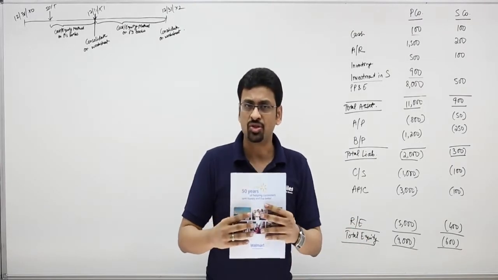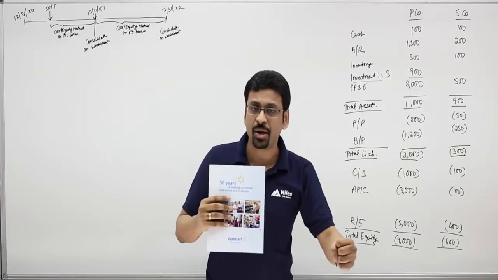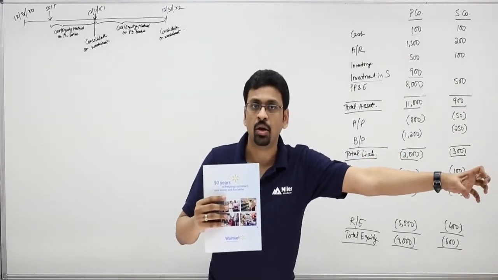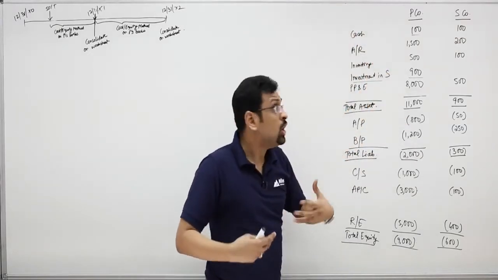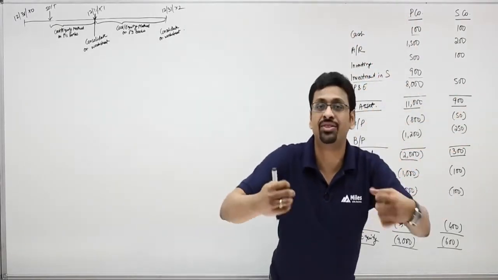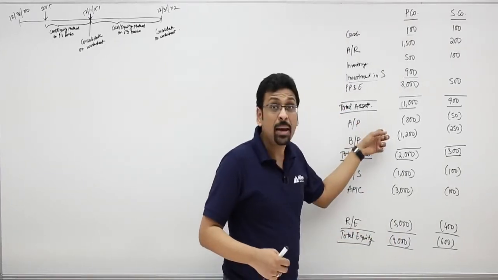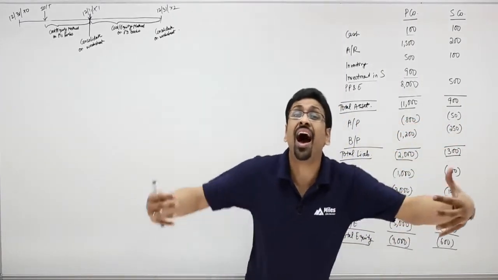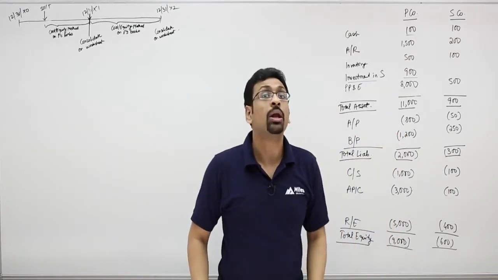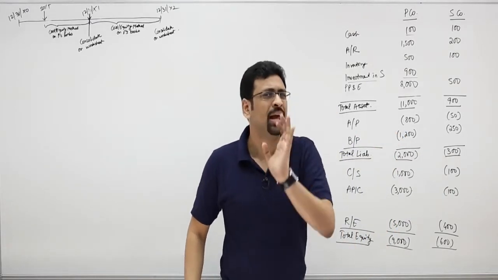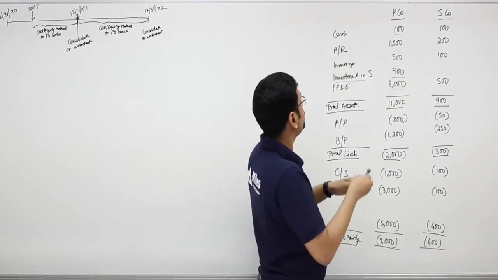So consolidation means you're going to have parent plus sub consolidated. So the parent is going to say, my assets, your assets, it's our assets now. My liabilities, your liabilities, it's our liabilities now. We are one entity. So that is all about consolidation. Simple and easy. So let's start doing that.